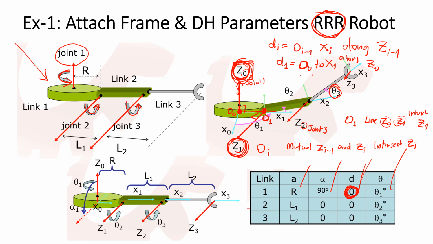And the direction of the mutual perpendicular, by the definition of step 4, will be the direction of Xi.